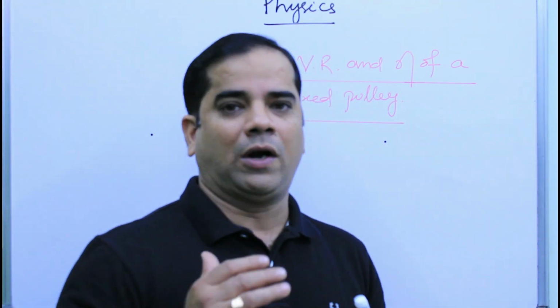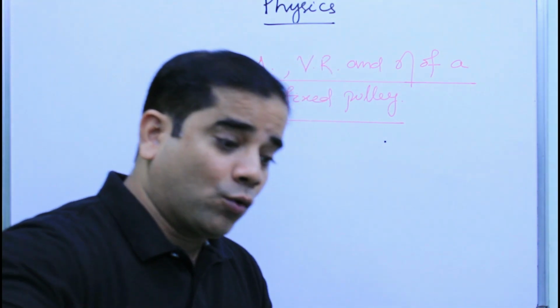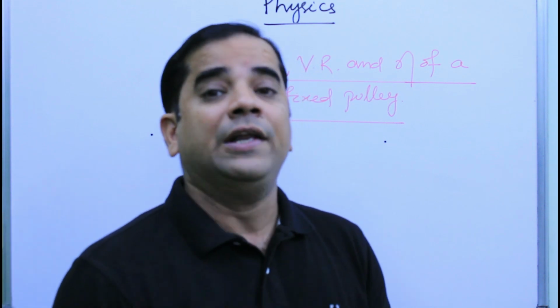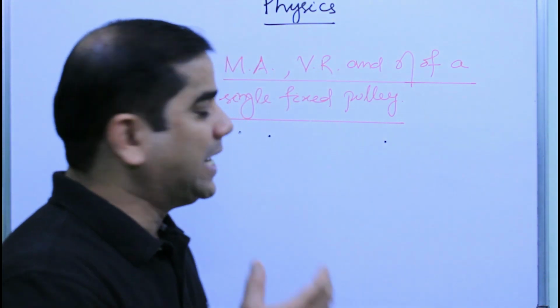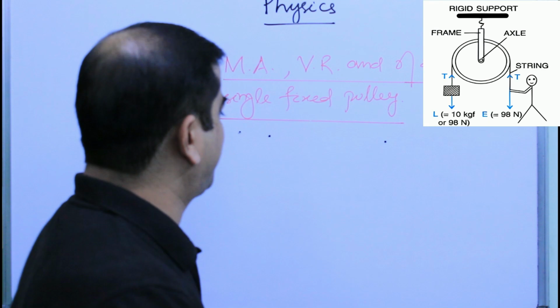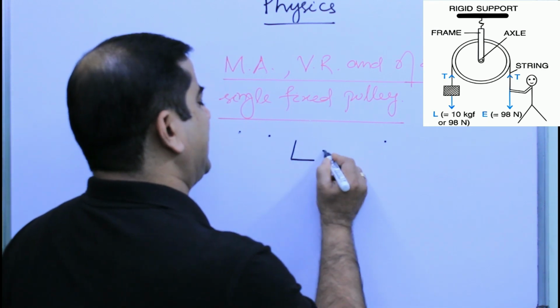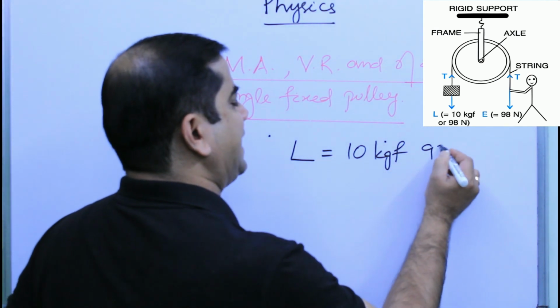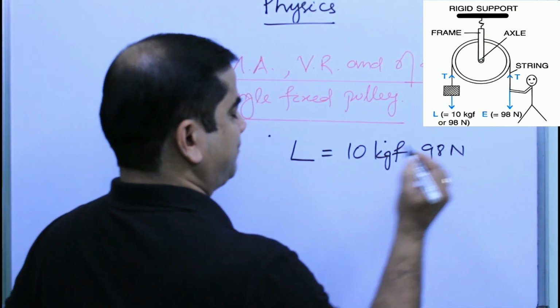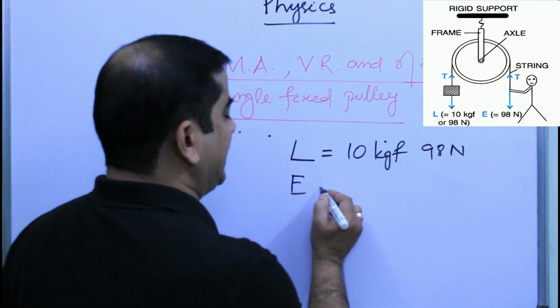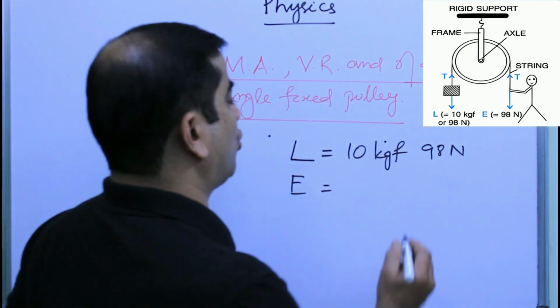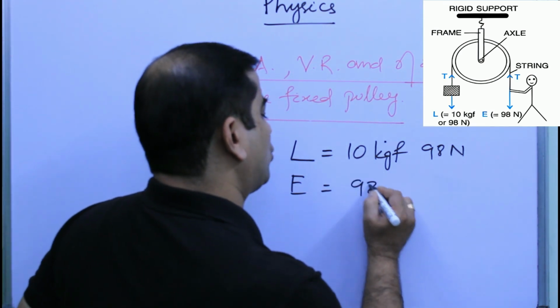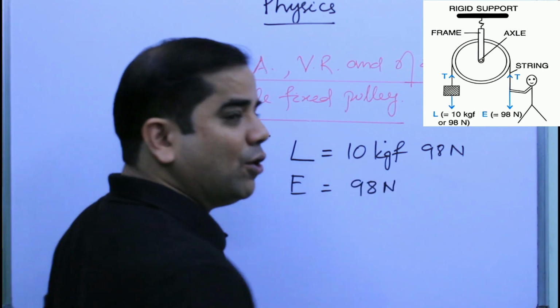Because load is equal to effort, that means we need an equal amount of effort to lift a load. As you can see in the diagram, for example, if the load is of 10 kilogram force, or that is 98 Newton, then the effort we need to pull this load will be equal to 98 Newton.